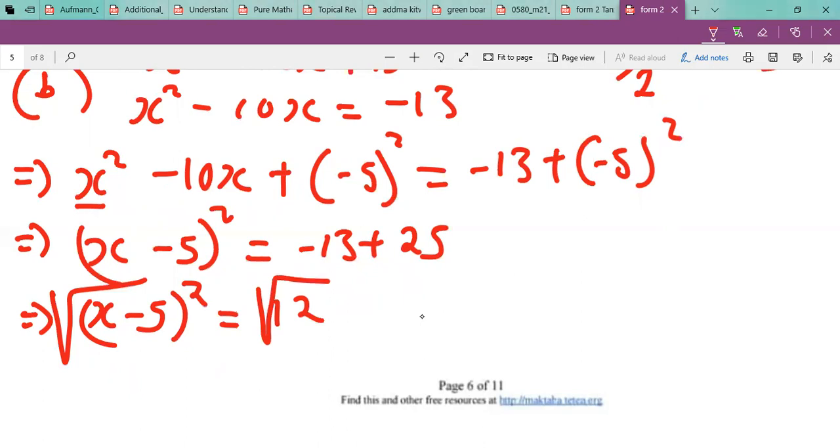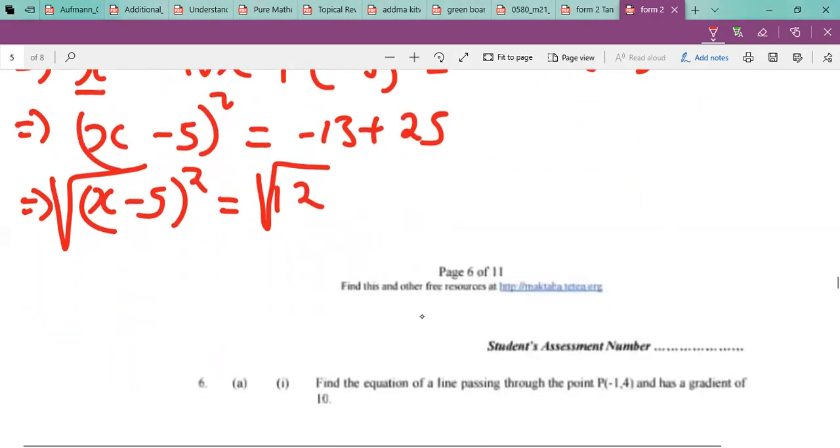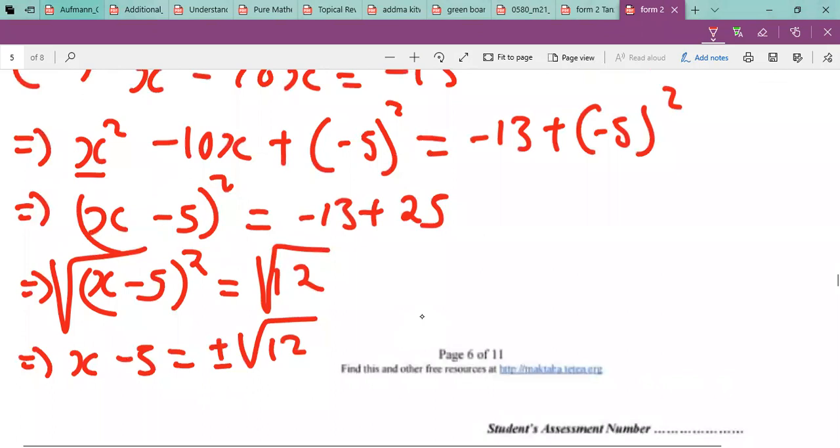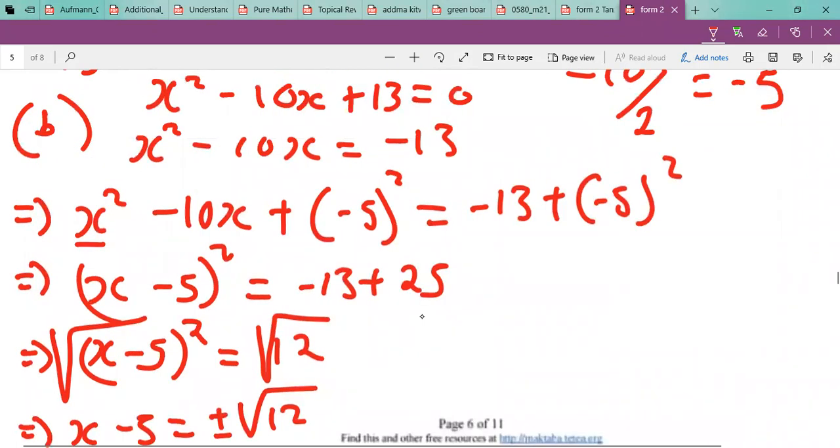So to find x, you introduce a root to both sides, meaning that x minus 5 is equal to plus or minus the root of 12. All right, so allow me to write it here.